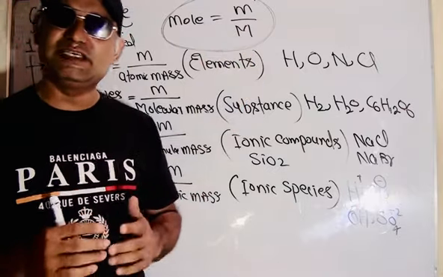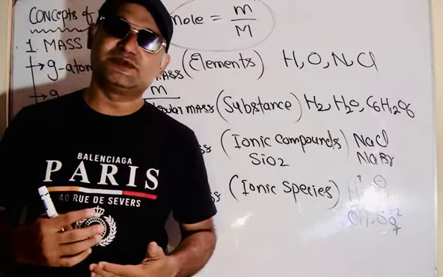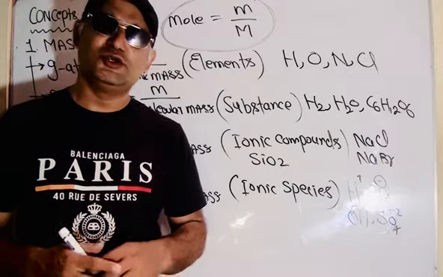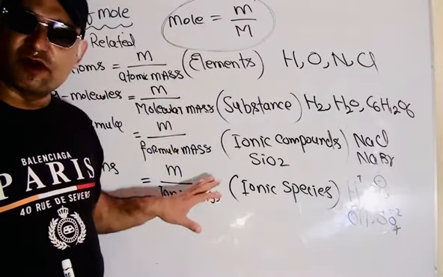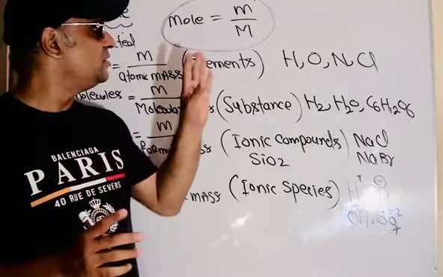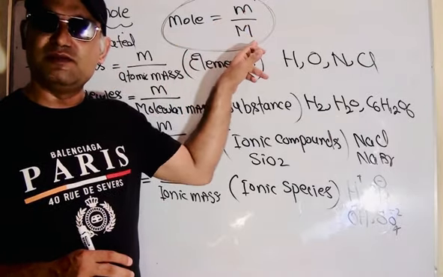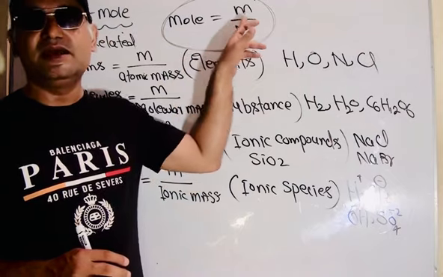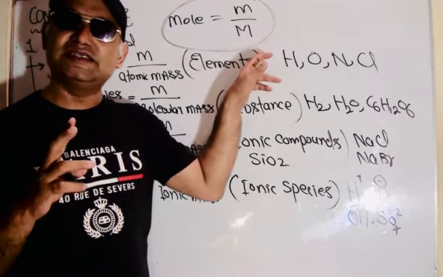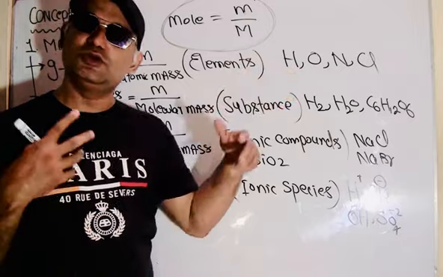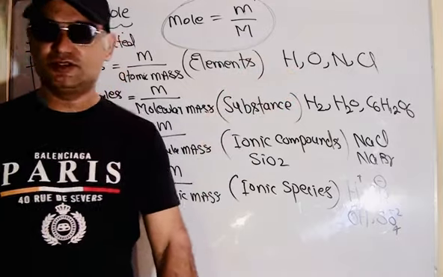This formula simply explains the four concepts of mole. Given mass over molar mass always converts the mass into mole. Now we will move next.